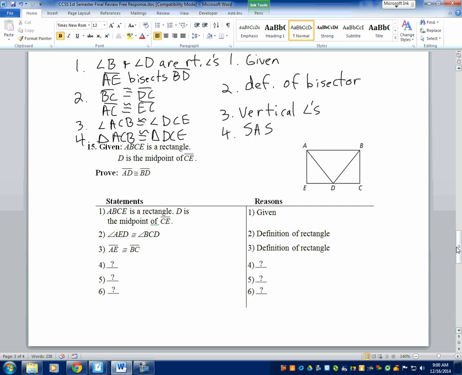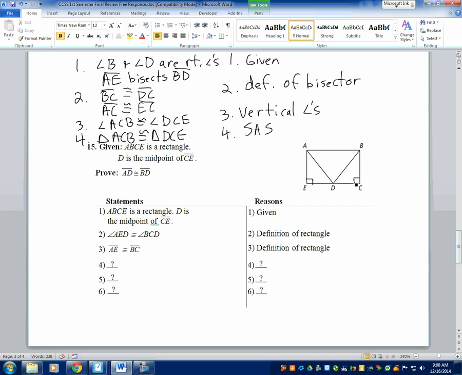Angle AED, let's mark it here, is congruent to angle BCD because it's a rectangle, those are right angles. Right angles are always congruent. Okay. So the angles are congruent here.